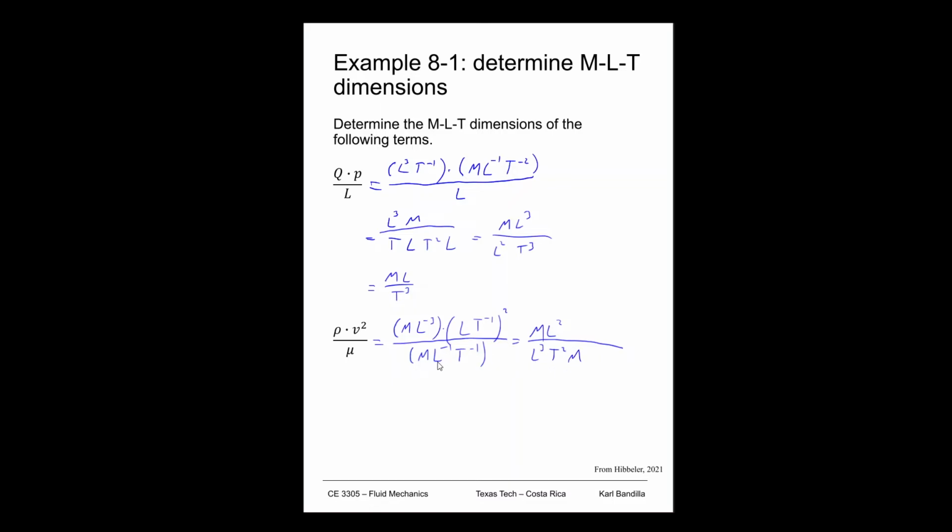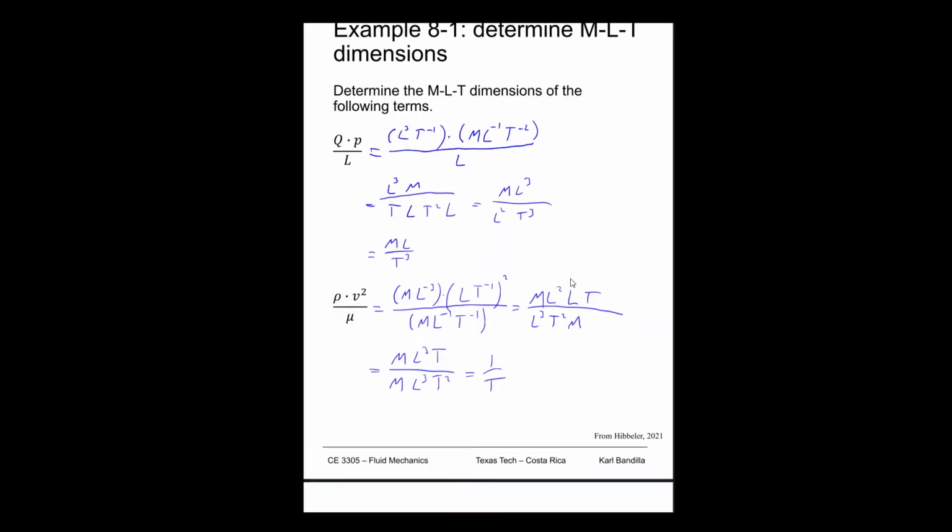We have an L minus 1, so that goes up there, and a T minus 1 goes up there. So that would be M L to the third T, and down here we have M L to the third T squared, so the M's and the L's cancel. We're left with 1 over time.